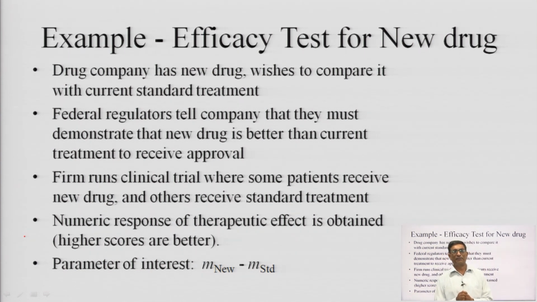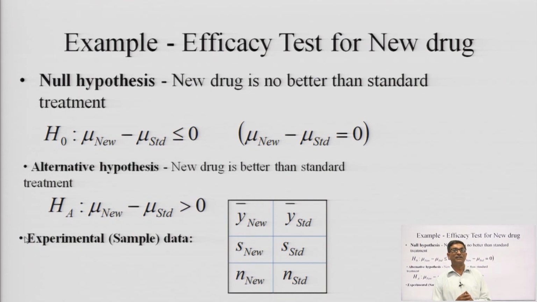The first step is to state the null hypothesis, and in this example the null hypothesis is that the new drug is no better than the standard treatment. As we know, in the null hypothesis we take there is no difference between the existing treatment and the new treatment.